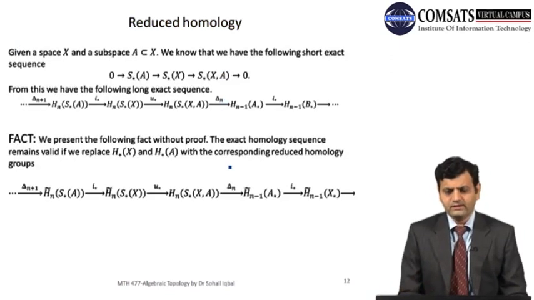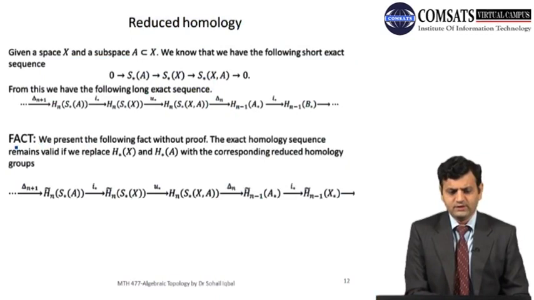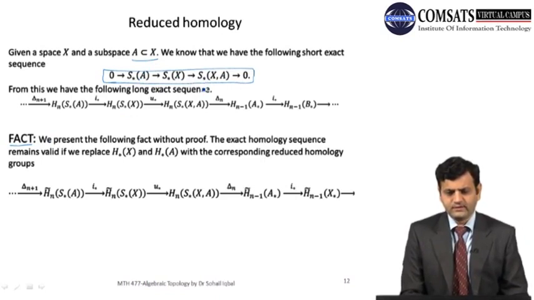Now we are going to see some other facts about reduced homology. If we have a subspace A of X, then I have the following short exact sequence of chain complexes. And from this short exact sequence I have the following long exact sequence, where these maps are induced by inclusion, and by the quotient, and this is the connecting homomorphism.